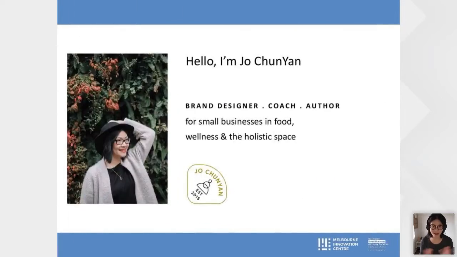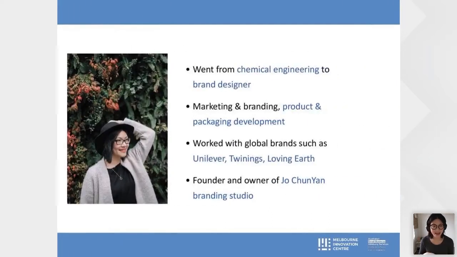Hello everybody, I'm Jo Chanyan. I am a brand designer, I'm a coach, and I'm also an author. I work primarily with small businesses in food, wellness, and the holistic space. Before I became a brand designer, I actually studied chemical engineering, so I have a very practical, logical, methodical way of processing information. I ended up doing marketing, branding, product and packaging development, which is all about solving problems as well.